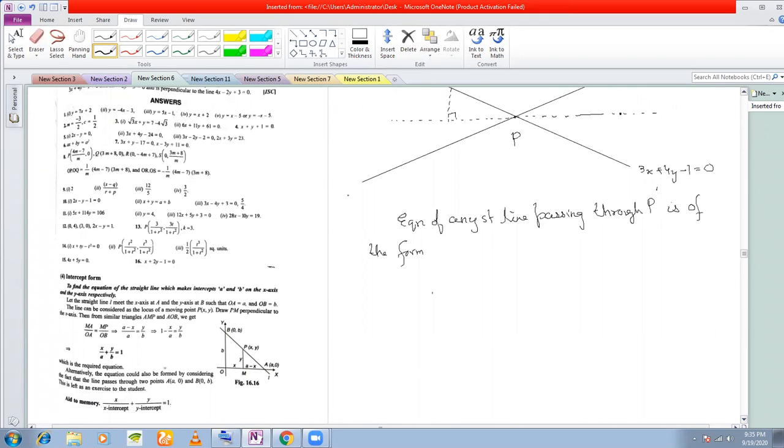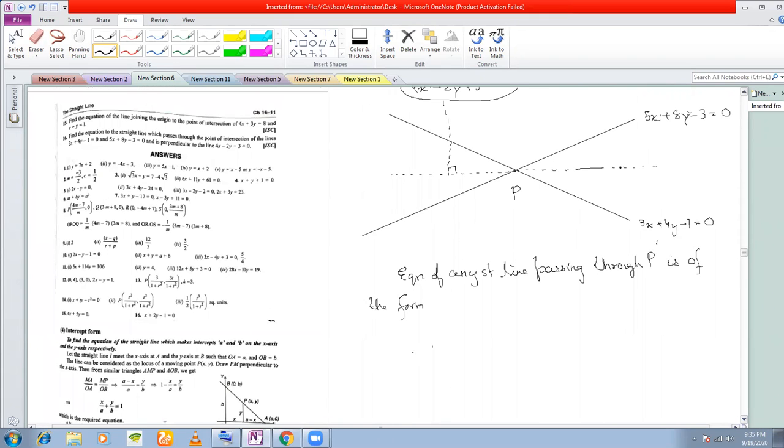the equation of the two straight lines here: 5x plus 8y minus 3 plus k times 3x plus 4y minus 1 equals 0. Now what you do is write this equation with x's together, y's together, and the constants together.